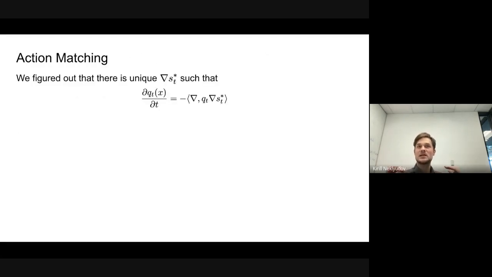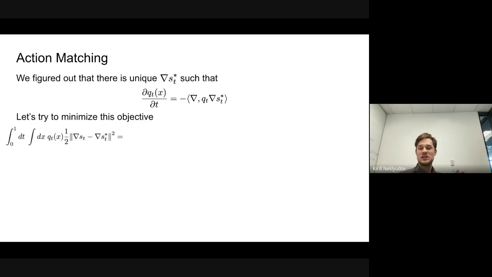We can say that there is a unique nabla S star such that the continuity equation holds. And so we are left with several steps, and these steps are very easy. We can just say, okay, let's just minimize L2 distance.